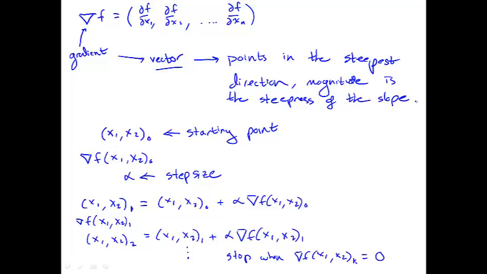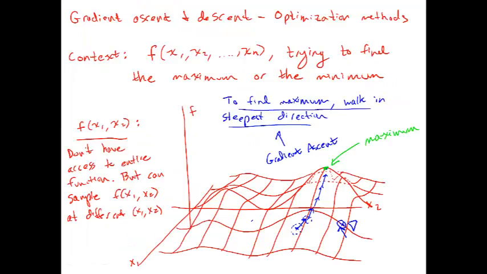So if the gradient is very large, then you have a very steep slope. And if the gradient is 0, then you have a 0 slope. And what does a 0 slope mean? Well, that means that you've reached a maximum. So that's how gradient ascent works. You pick a starting point, and then you follow the gradient to the top.